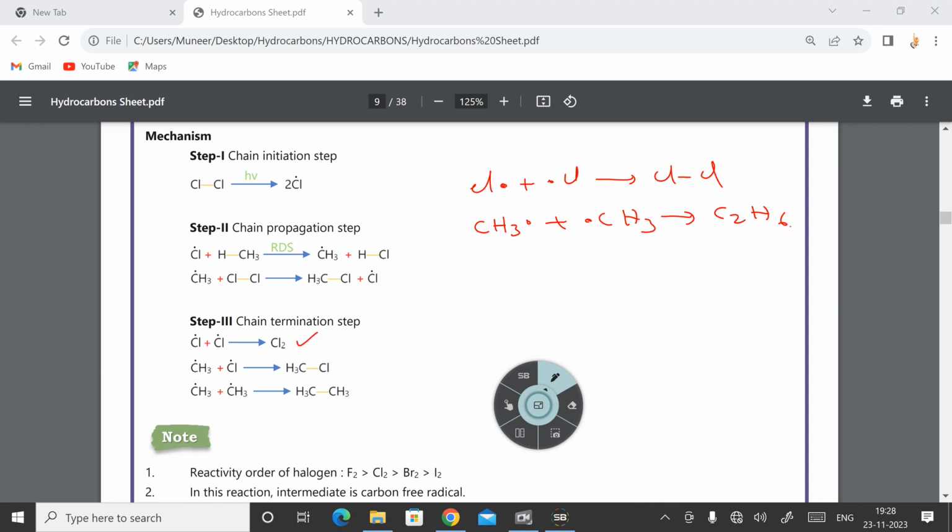And another one is CH3 free radical plus Cl free radical gives rise to CH3Cl. So no free radicals are liberated here, isn't it? No free radicals in these 3 steps. So chain termination takes place. Now the reaction does not proceed further. Okay, so like that, 3 steps mechanism. Halogenation of alkanes by free radical mechanism.